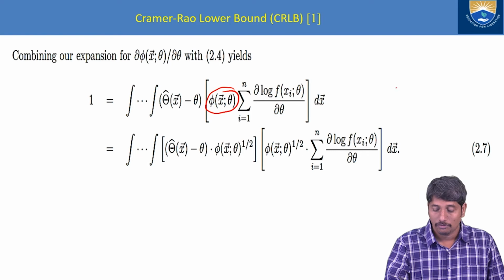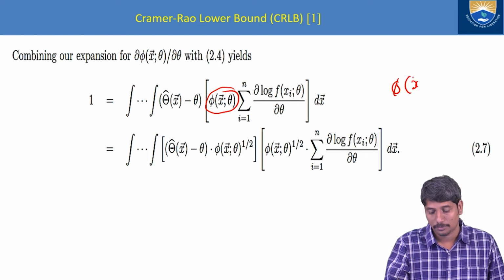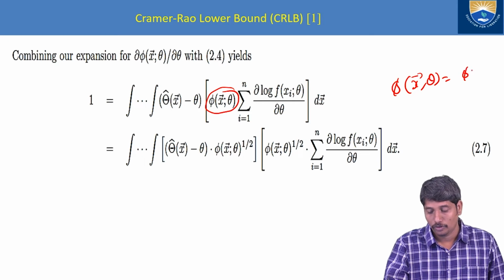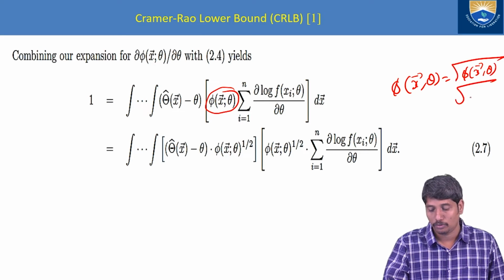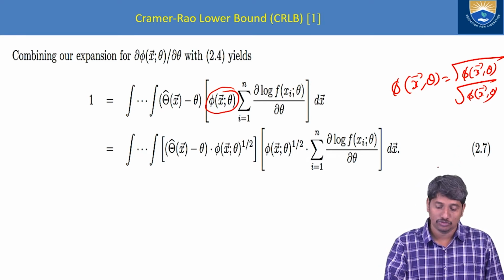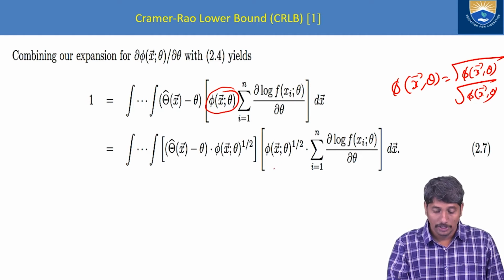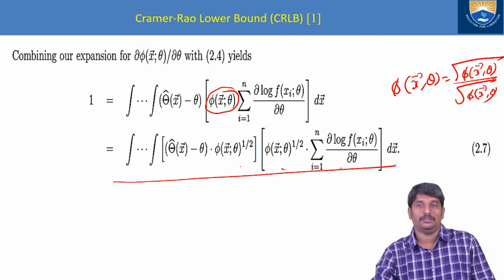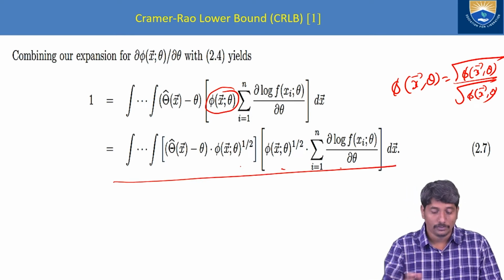Now we are trying to write this as square root of phi of x, theta into square root of phi of x, theta, because the product of square roots cancels the root. We accompany one of these square roots with the summation and write the other outside the summation. That is why we have obtained this. Now we got this equation.